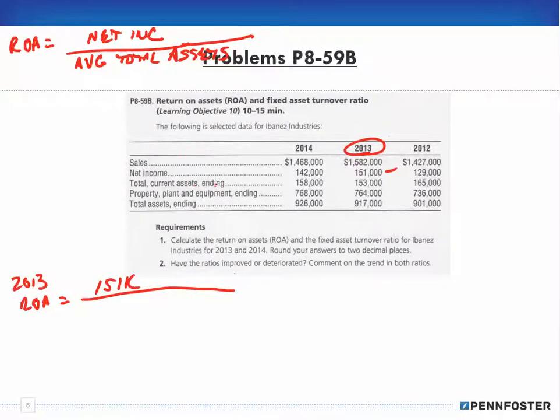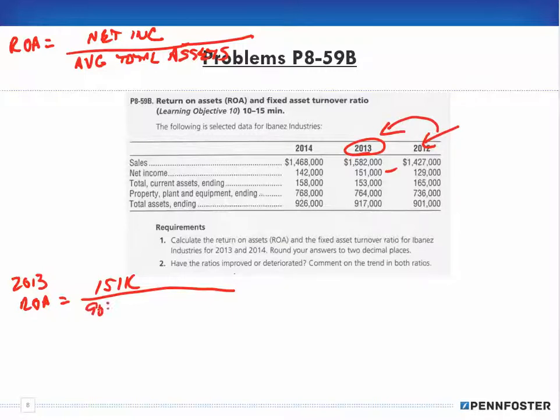Well, what's my average total assets? The end of 2012 becomes the beginning of 2013.